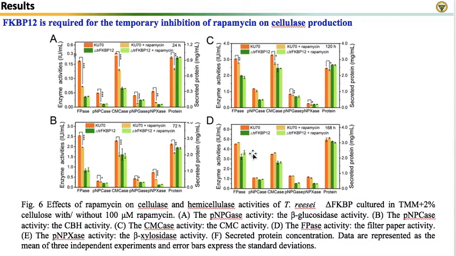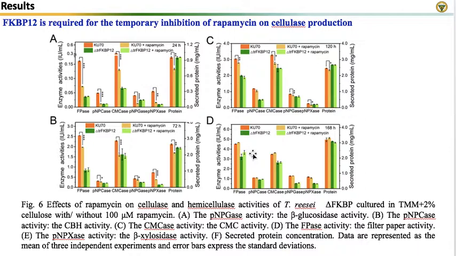As FKBP12 is the cellular receptor of rapamycin, we also confirmed if it is the cellular receptor in Trichoderma. So we knocked out FKBP12 and investigated the cellulase production under the cellulose condition.